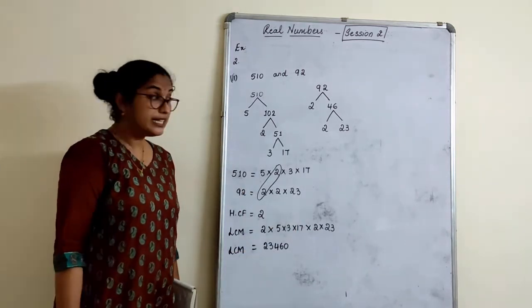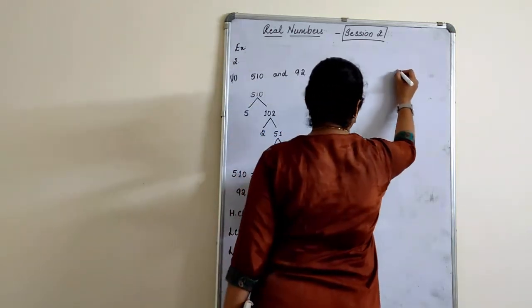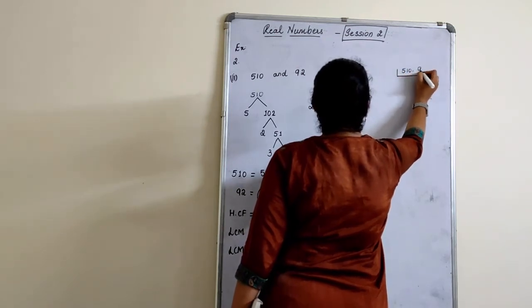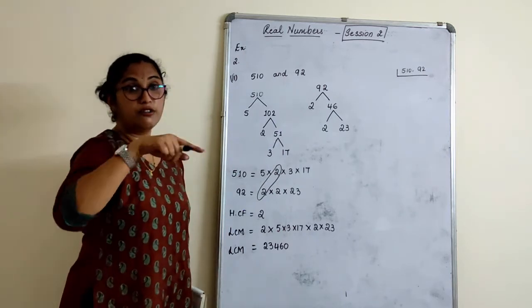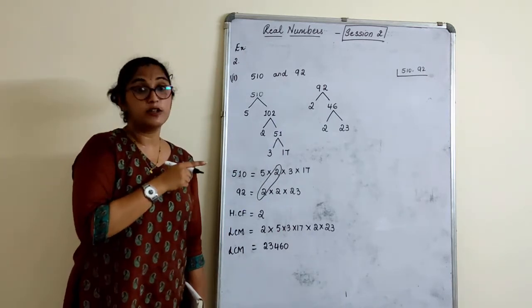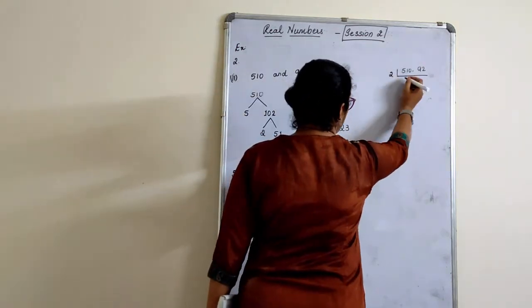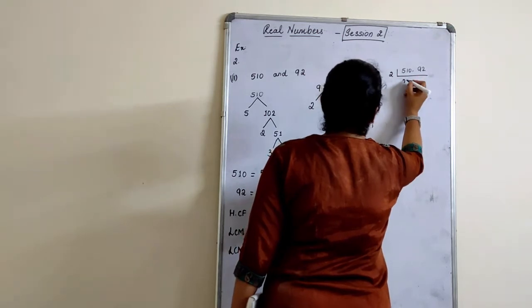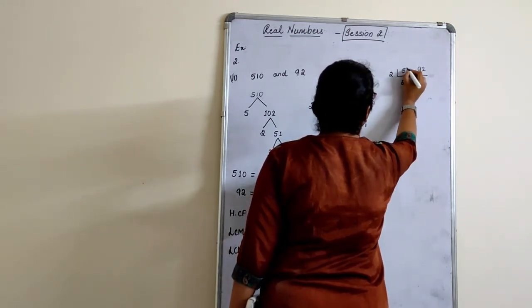Now let me teach you one more method to find LCM. That's up to you if you want to find it. So this is 510 and 92. This we know how we find it, right? So we go on writing the numbers. That way also you can find. So we start with 2, 2 2s are 4.